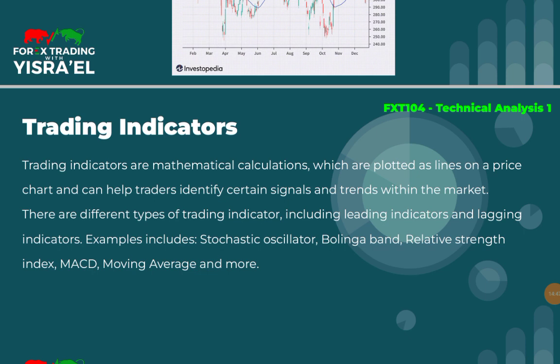Examples include stochastic oscillator, Bollinger Band, relative strength index, MACD, and lastly moving average and more. So that is trading indicators. These are the trading indicators, and we have a lot of them.